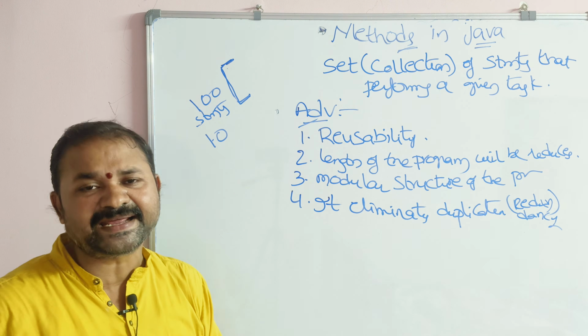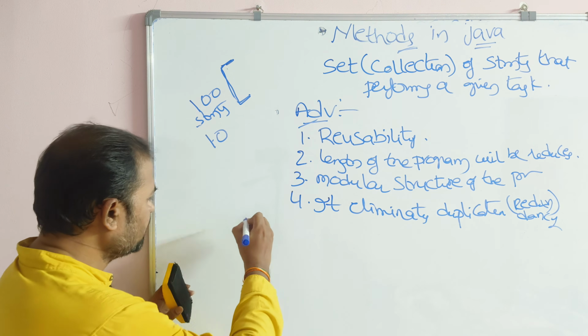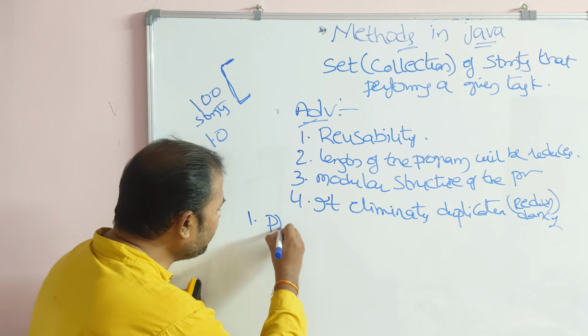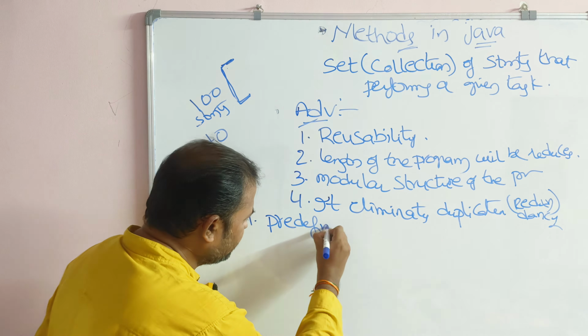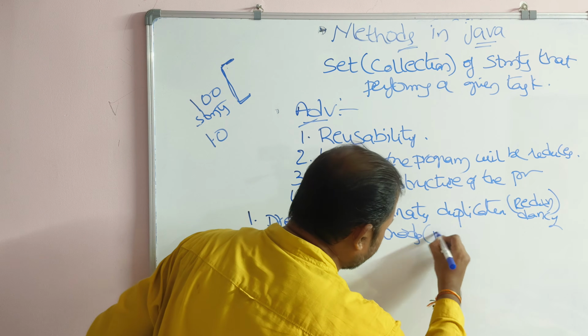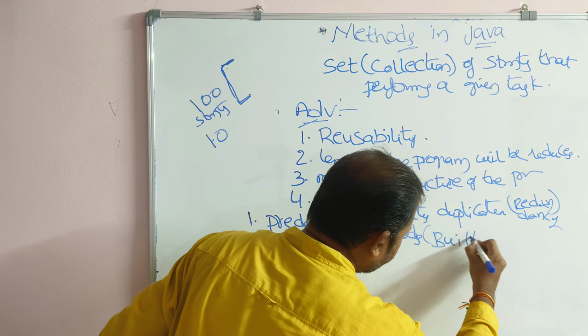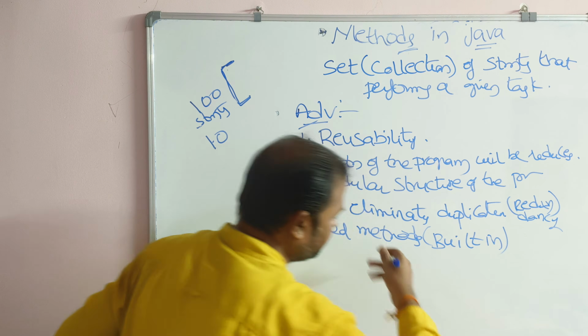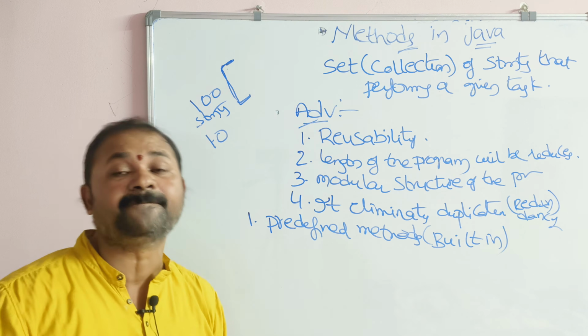Methods are mainly classified into two types. The first one is predefined methods. Predefined methods are nothing but built-in methods, the methods which are already defined by the Java compiler.